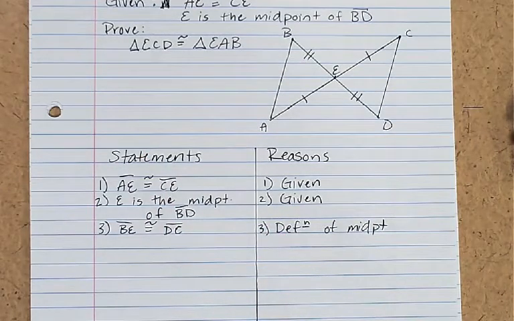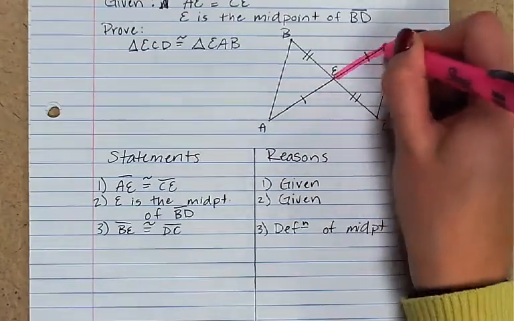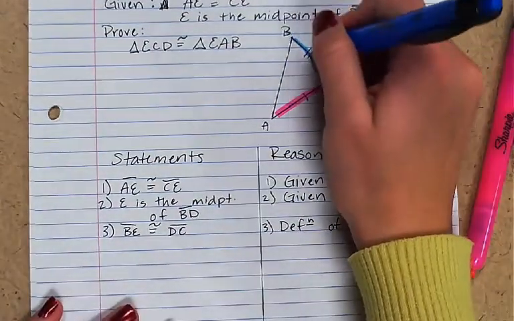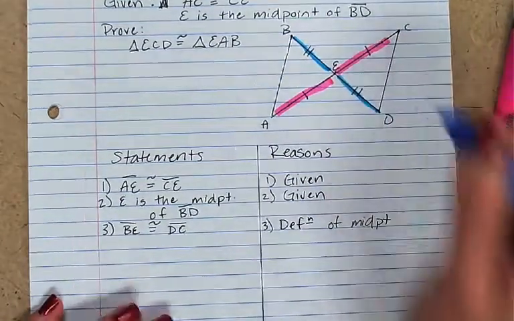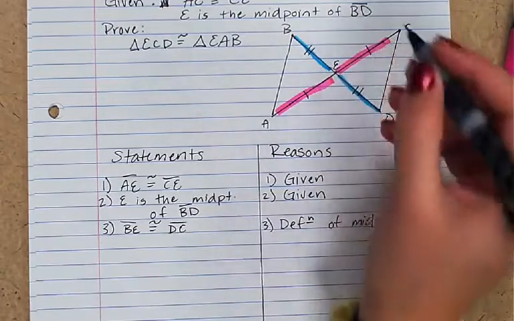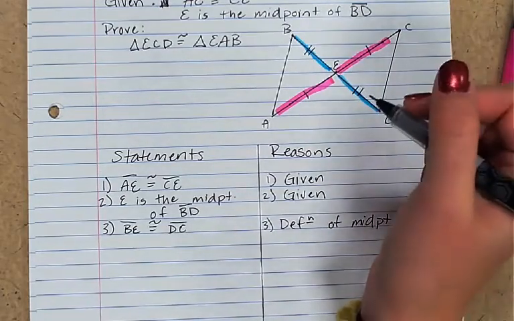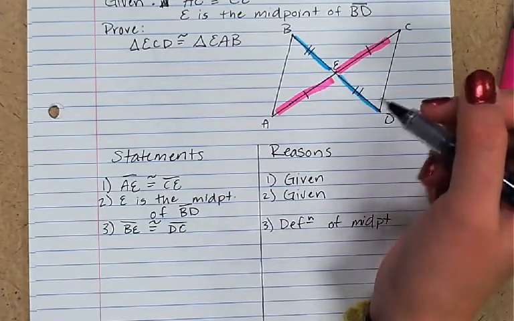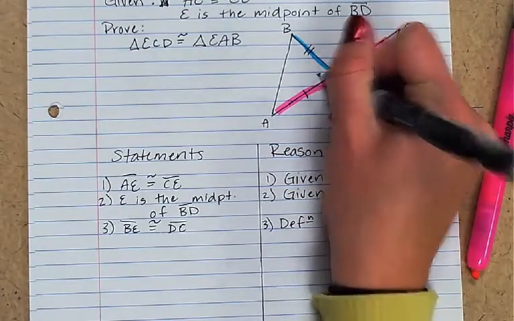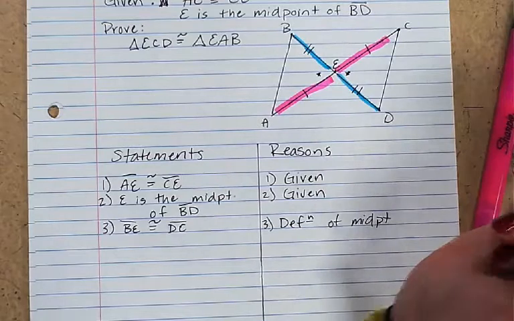Now we've got 2 things. We've got 2 sides, and we need the third thing. So we've got here, and we've got here. If we want to use SAS, it has to be the included angles, the angles that are in between the 2 sides. We've used up all the given, so from there, you just have to look at the way the picture looks. I need to say something about these 2 angles here.